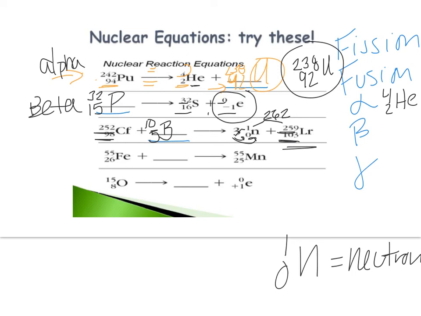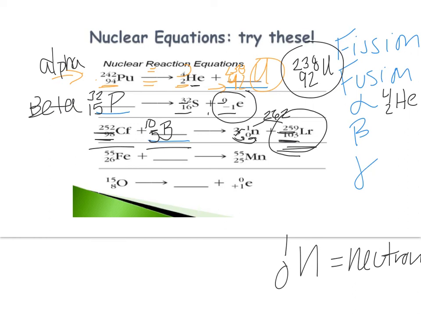The last part of that is to identify what type of reaction we have going on here. Well, I have one atom plus a second atom on the left side, and that forms a new atom with some leftover neutrons.